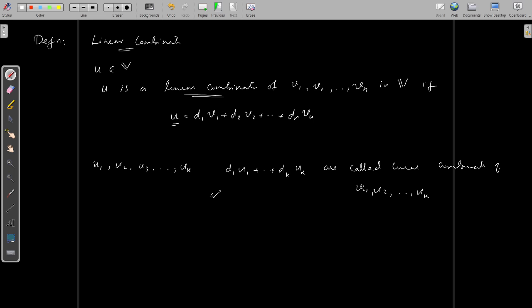Here the di's are scalars. This is the definition of linear combinations. In the next class we will discuss the properties of linear combinations of vectors of V.